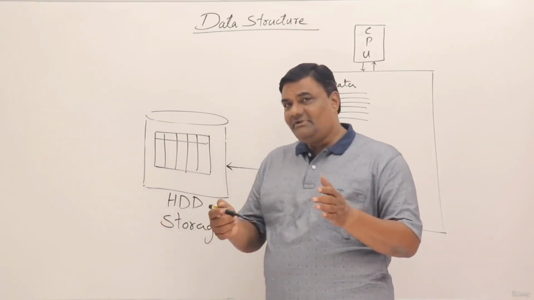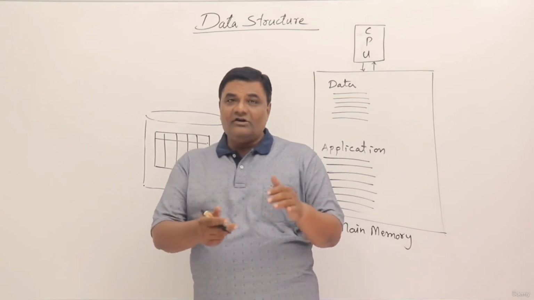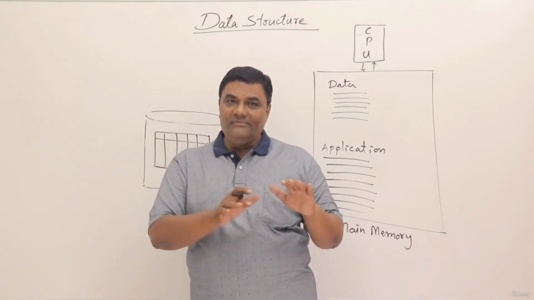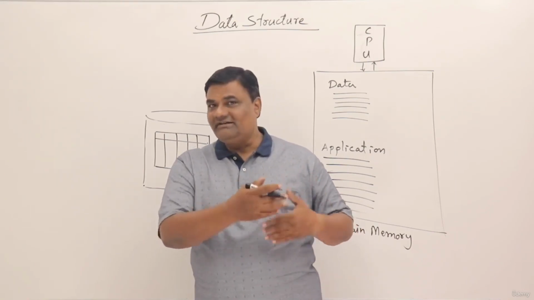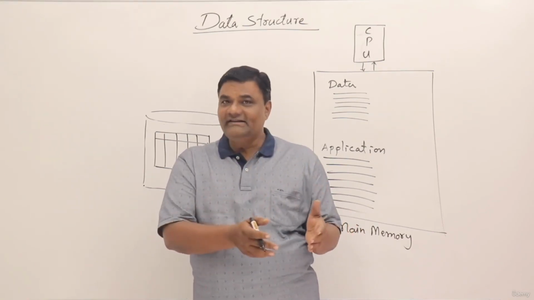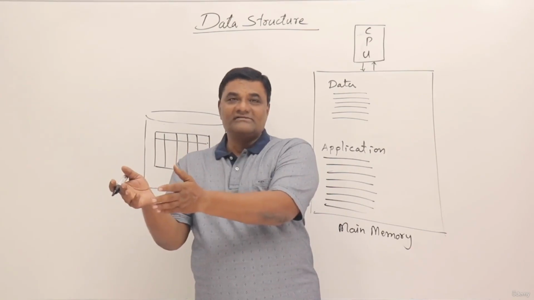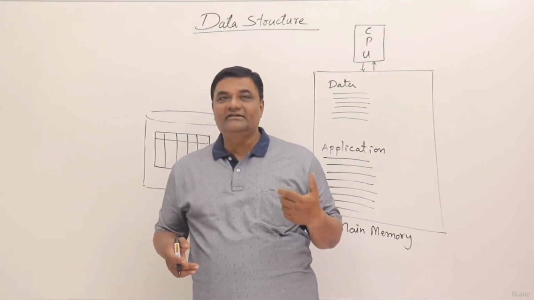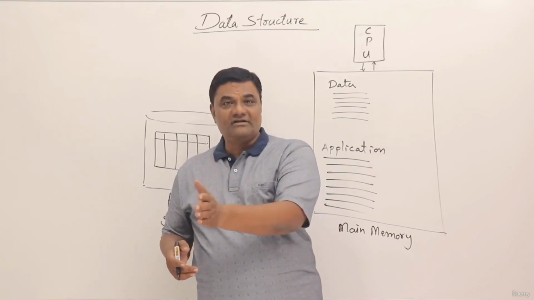So commercial data can be categorized into two: operational data, and legacy data, that is old data. Operational data is used daily, and legacy data can be kept as storage somewhere. If required, we can fetch that data and use it. Or you can say historical data.